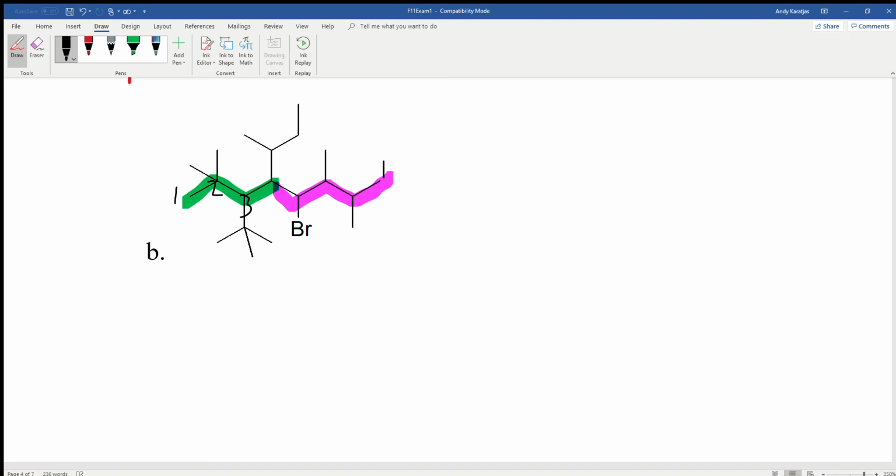So we can number it in this way. And now again, we know our parent chain. Our parent chain is octane. And we just need to name the substituents. So starting at the beginning, we have a number of methyl groups.